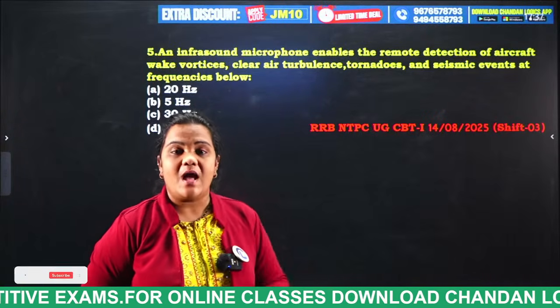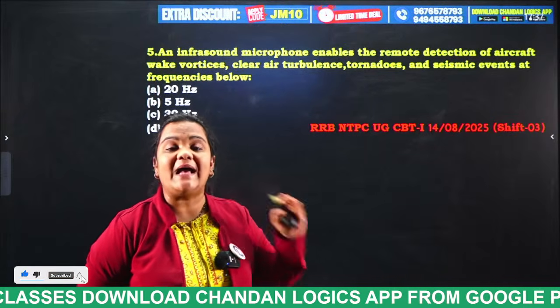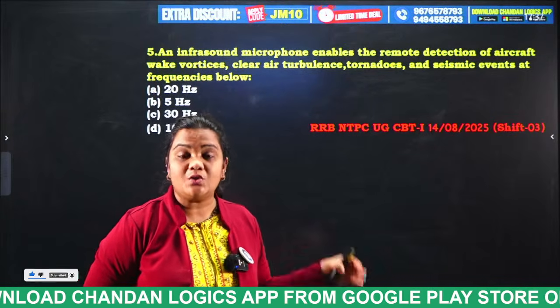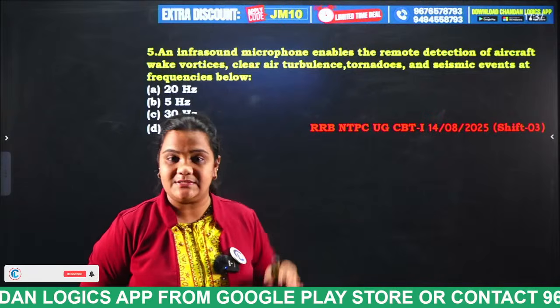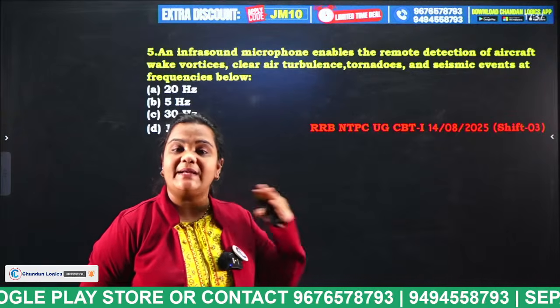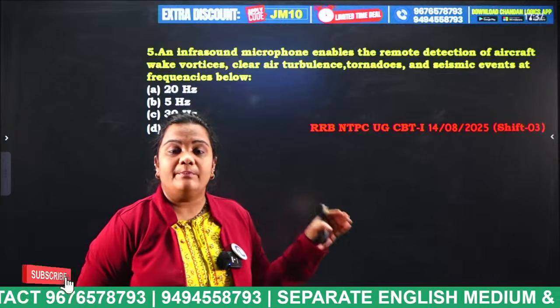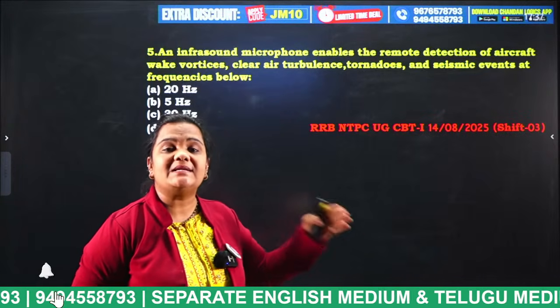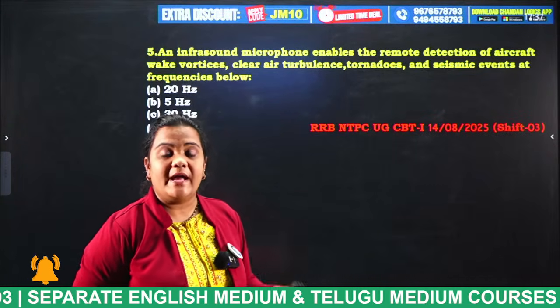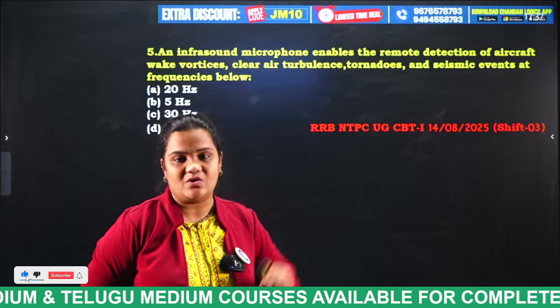We all know that the human ear can hear only from 20 hertz to 20,000 hertz. Beyond or below that limit, our human ear cannot hear. Below 20 hertz, sounds are considered infrasound. Above 20,000 hertz, they are considered ultrasound.